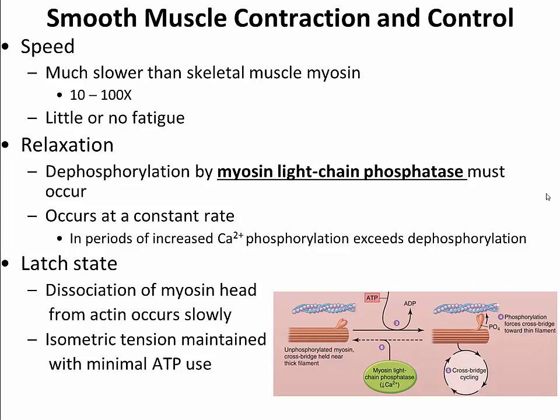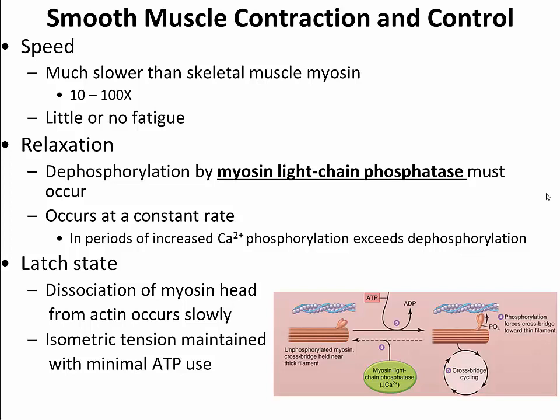The last thing we want to note is this, that something referred to as latch state can occur in the case of smooth muscle. This is a situation in which the myosin heads cycle through the power stroke very, very slowly. And so the dissociation of the myosin head from actin occurs at a very slow rate.